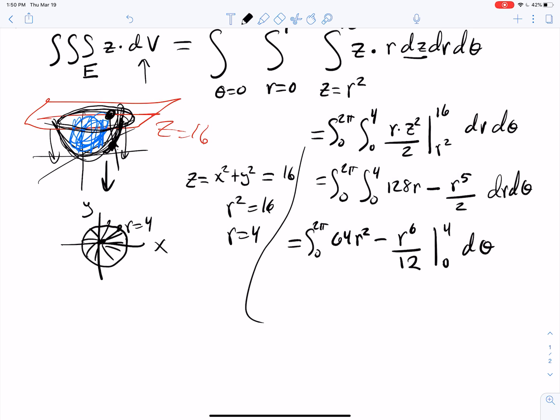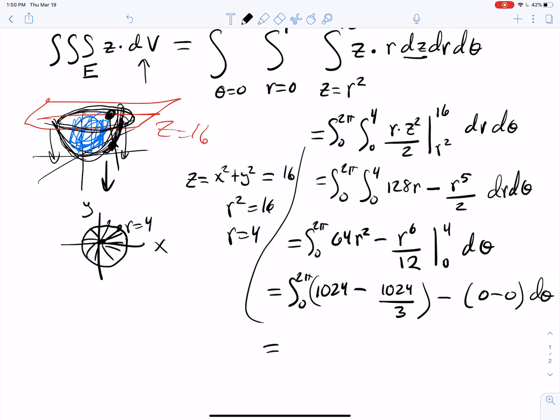So 64 times 4 squared is 1024, minus 4 raised to the 6th power divided by 12 is 1024 over 3. That would be plugging in 4, and then we get 0 minus 0 when we plug in 0.